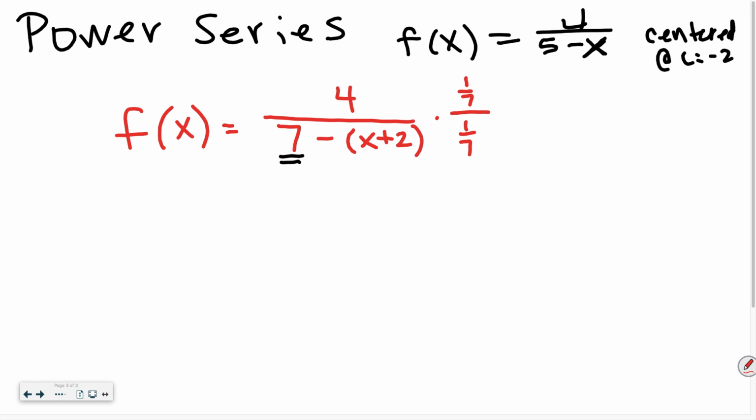Okay? We're multiplying by 1. Multiplying by 1 does not change anything. We just change how it looks. 4/7 over 1 minus negative x plus 2. Very easy.